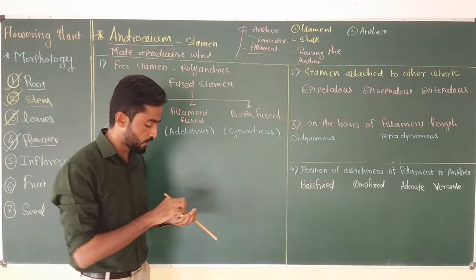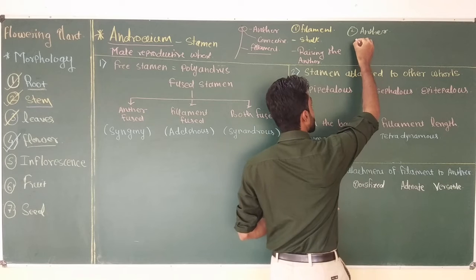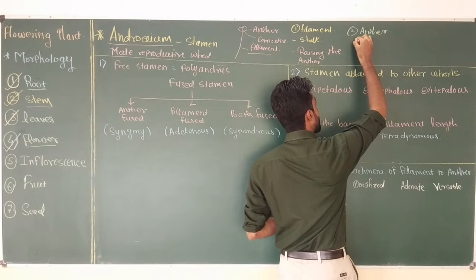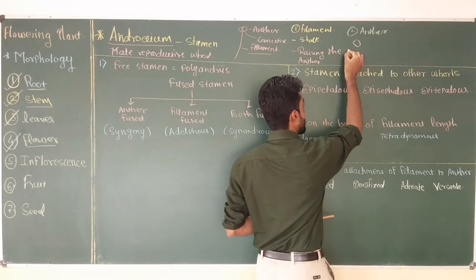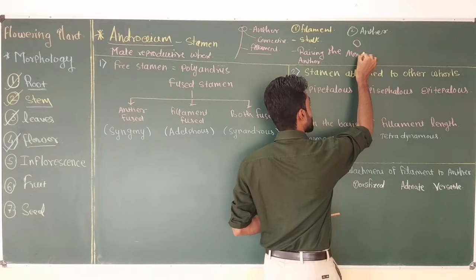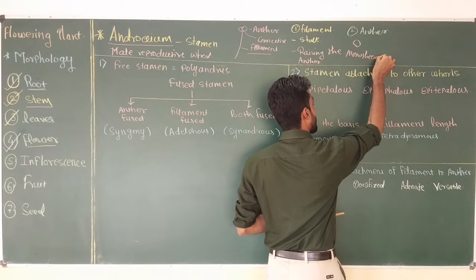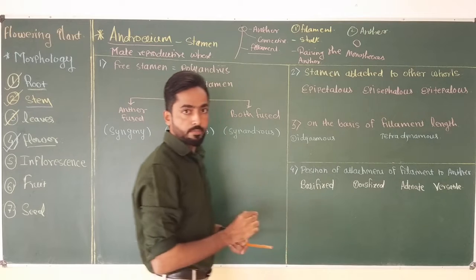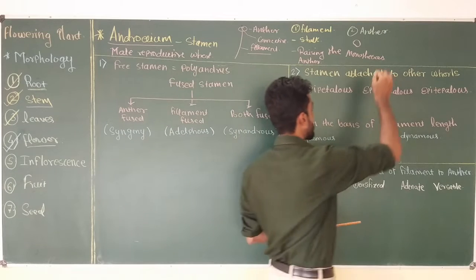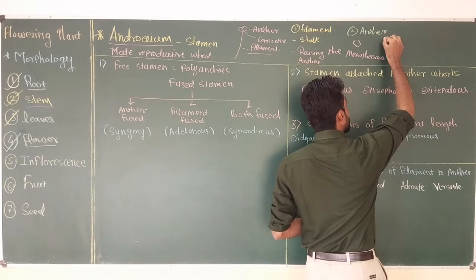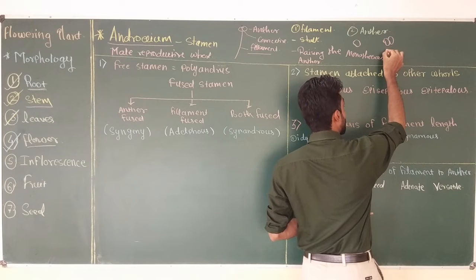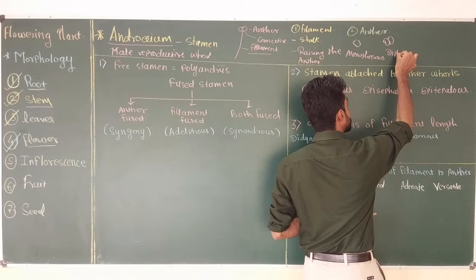Suppose this is the anther, and if I have only one lobe, then it is called monothecous anther. And if the anther has two lobes, in that case it is called dithecous anther.